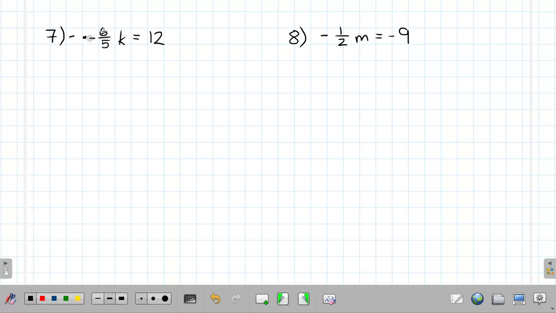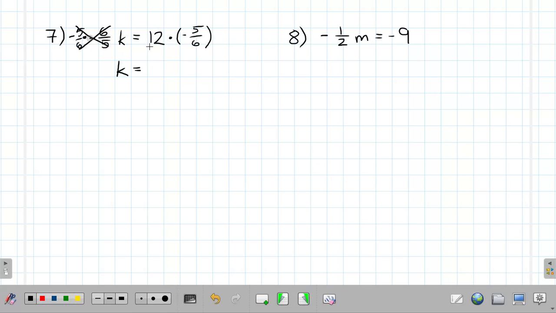So if we have -6/5 here, the reciprocal of that is going to be -5/6. So times, and I'm going to put parentheses here, -5/6. If your fraction is negative, its reciprocal also has to be negative. So we have a negative times a negative, which will be a positive. Those will cancel out, giving us 1. So we get a positive 1k, which is what we want.